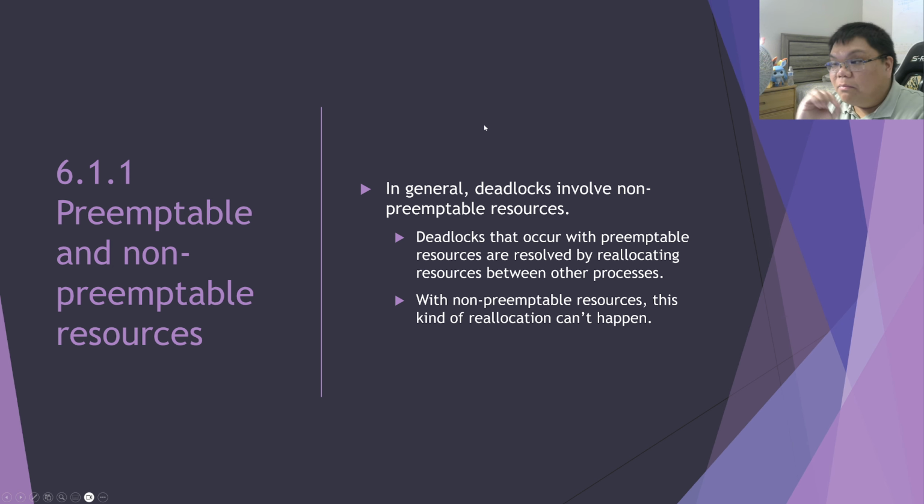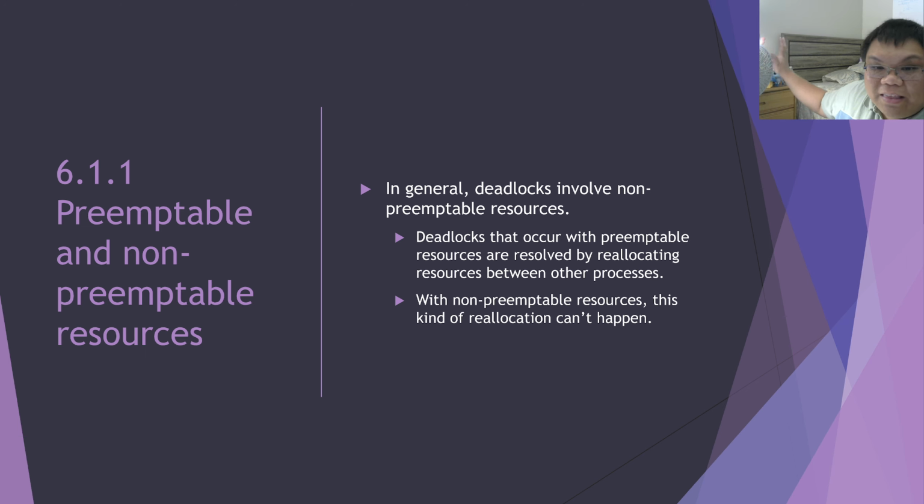In general, deadlocks involve non-preemptible resources. If we get a deadlock using preemptible resources, we just resolve it by reallocating resources or suspending processes until they're able to run again. If we have deadlock because processes are fighting over memory, then we just suspend some of those processes and let the other processes run.